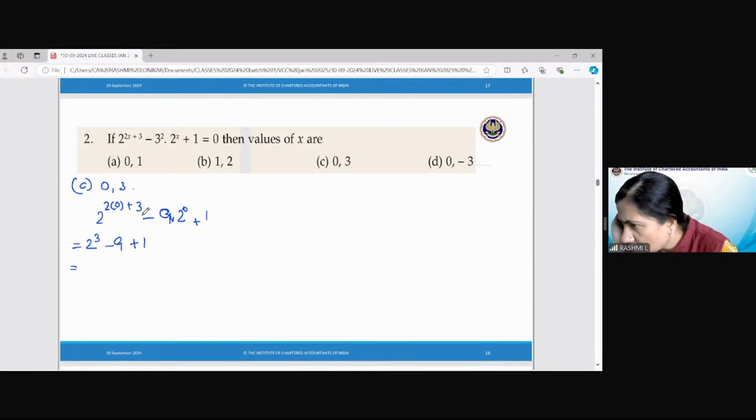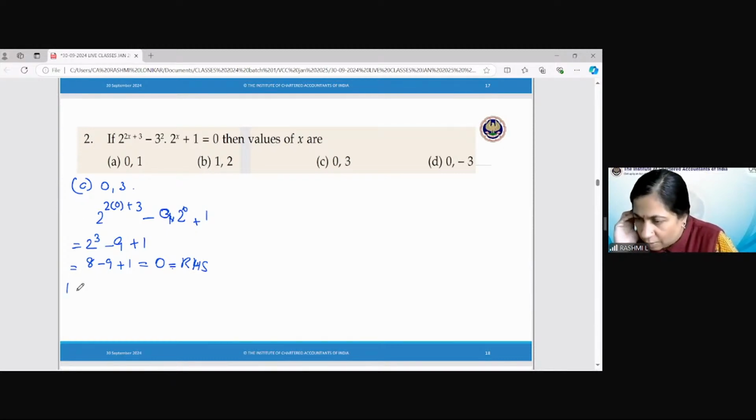So this is 8 minus 9 plus 1. Answer is 0, which is equal to RHS. Okay. So 0 is confirmed, 0 works.